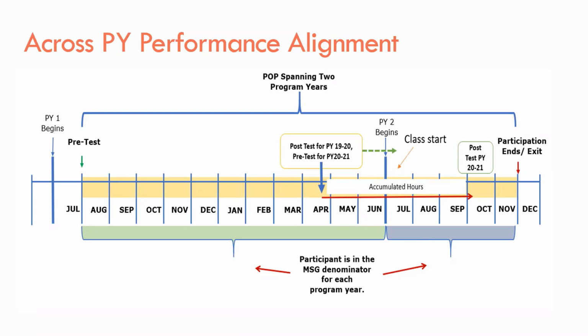The person makes a gain off of that post-test, and then that gain is applied to the second program year. So this is really just to show you again in terms of performance how the testing works and how you can utilize a post-test as a pre-test in a second program year if the student's period of participation remains open.